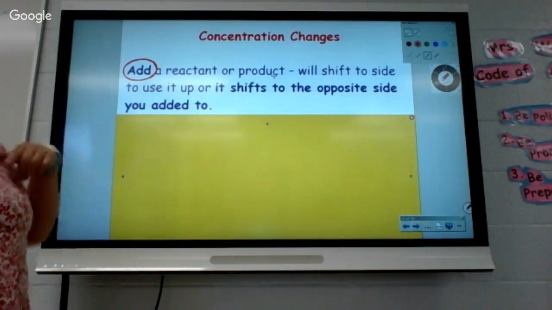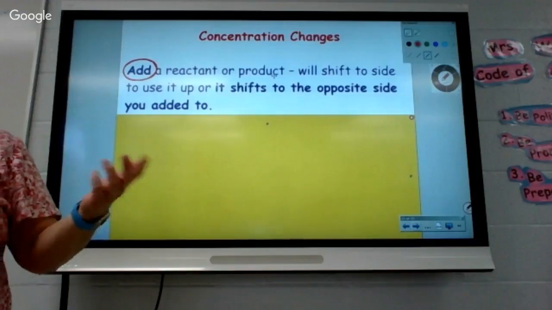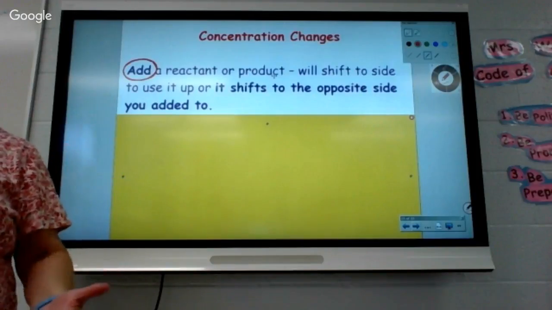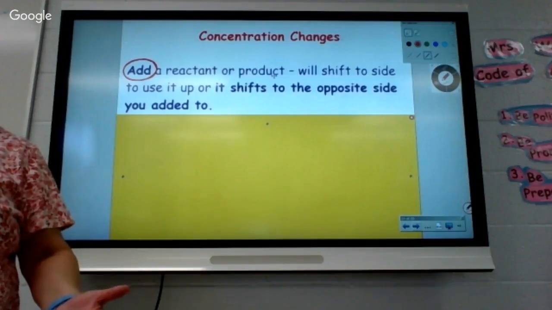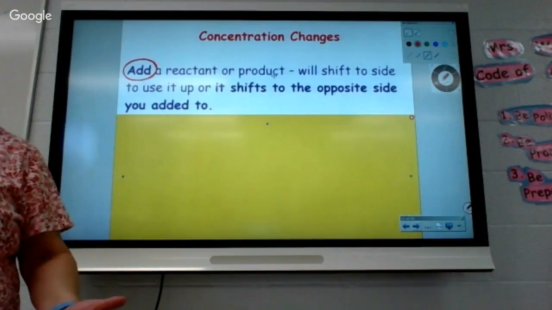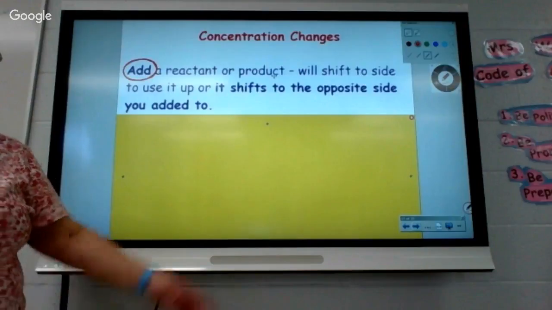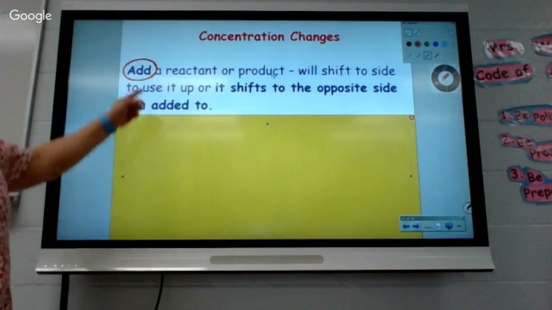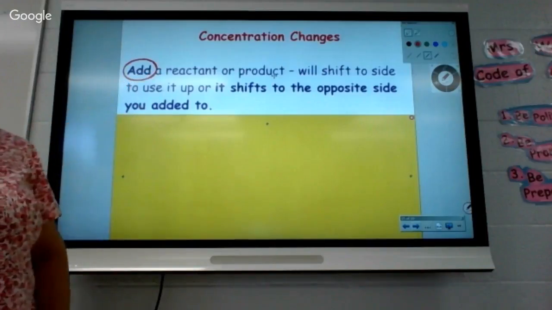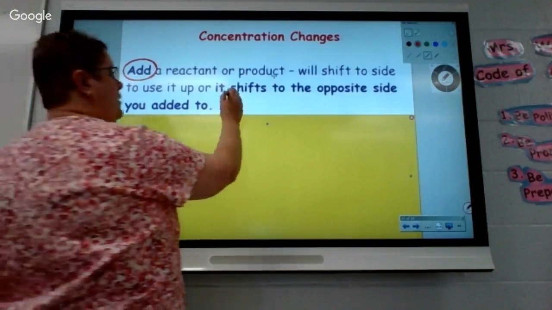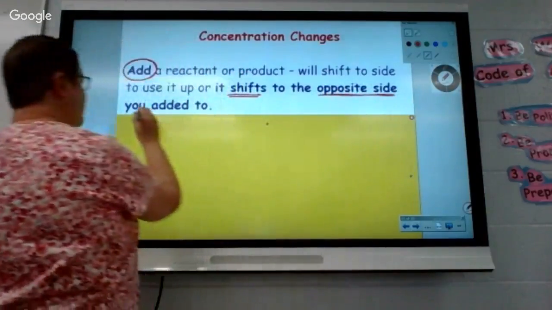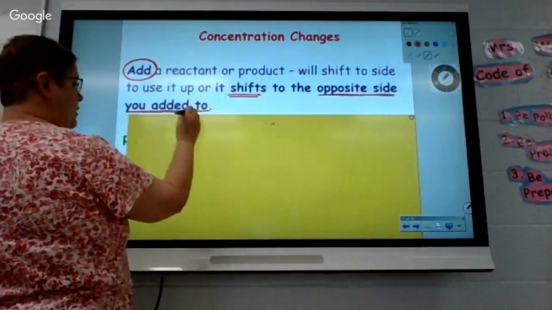Now, you don't actually have to know how to use it up. I'm just telling you that's what it does for those of you who want to know why. But for those of you who are just thinking, well, I don't care why it does it, I just need to know how to get the answer right, the bold is how you get the answer right. If you add a reactant or product, it has to shift to the opposite side that you added it to.